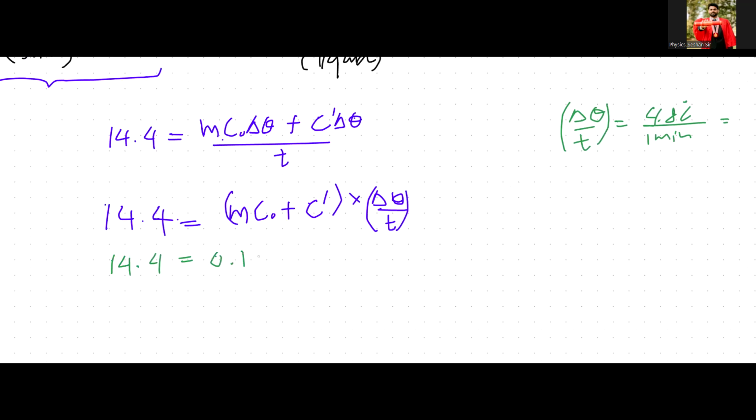C dash is the heat capacity of the calorimeter. It is 60, right? Yeah, it is 60, and the whole thing into 0.08. So multiply both sides by 100, then we have 8 here and 1440 on the other side.